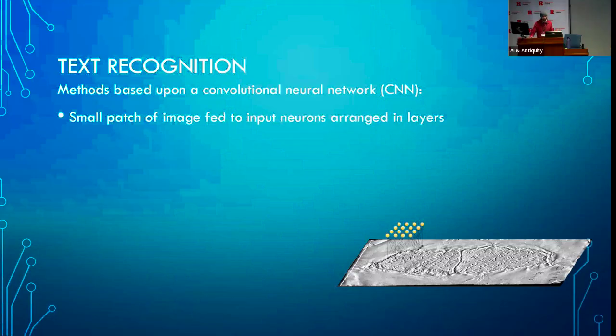One such example would be a CNN, a convolutional neural network. The way these work is you feed small patches of your image to sets of layers of neurons. These are deep learning methods based on actual organic material, on the visual cortex of living creatures and the way those function.